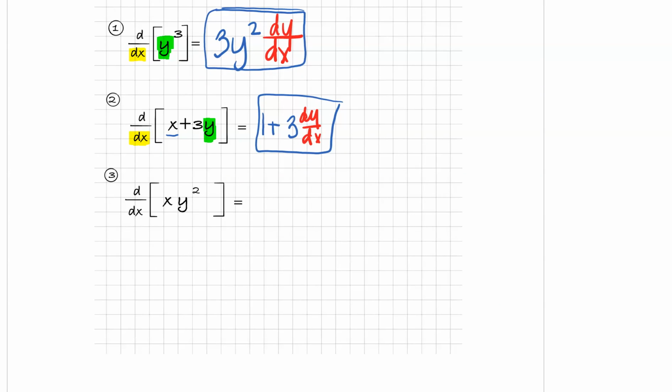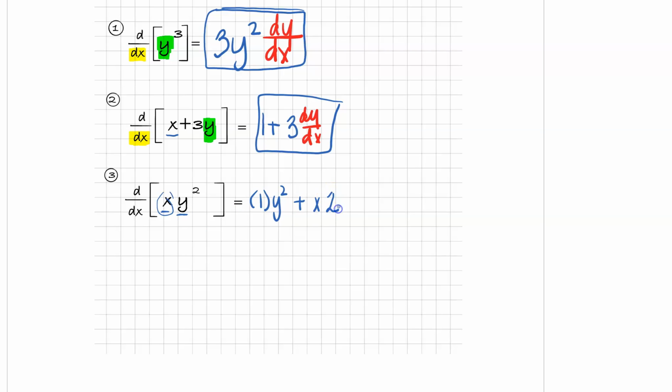The derivative with respect to x of x y squared. So we're going to have to do product rule. Here's our first function. Here's our second function. So we're going to do the derivative of the first. The derivative of x would just be 1 times the second, y squared, plus the first, which is x, times the derivative of the second, y squared.